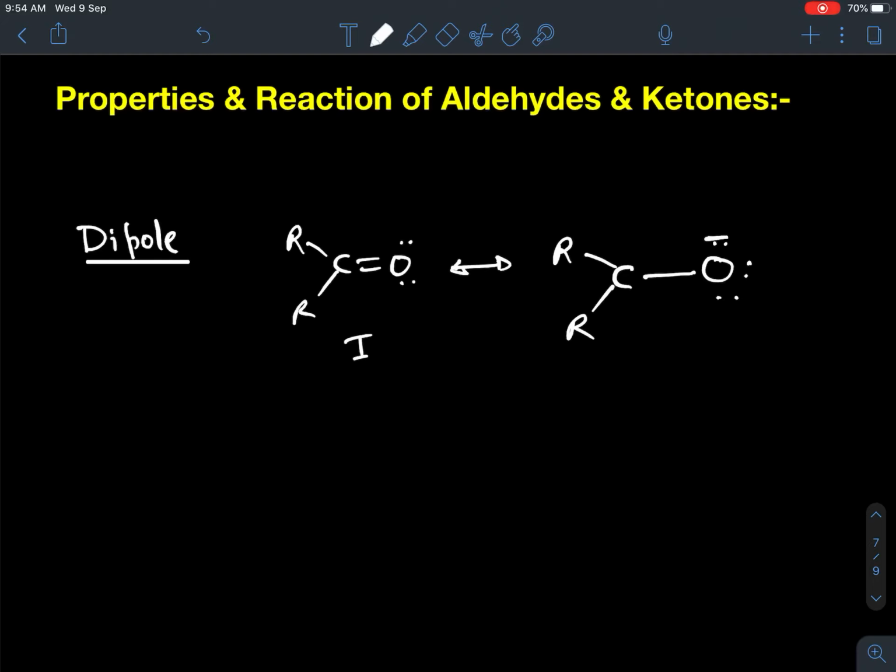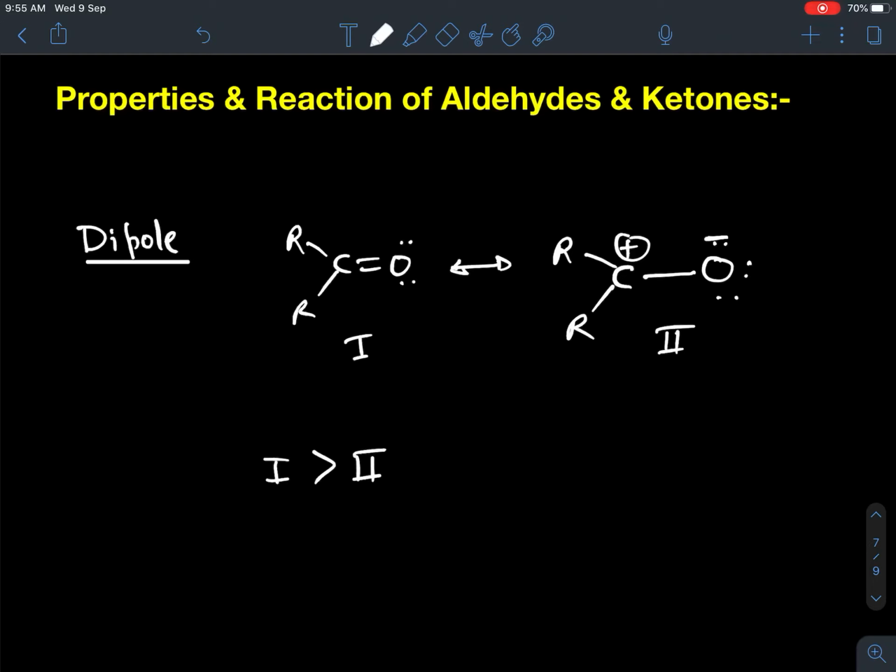Here the highly electronegative atom oxygen is acquiring a negative charge and the carbon has a sextet. Now if you ask which of 1 and 2 is more stable, undoubtedly the answer is 1 will be more stable than the second.